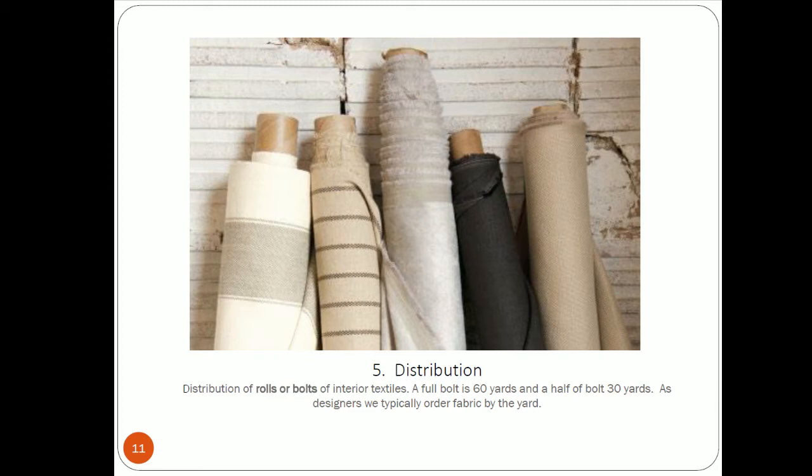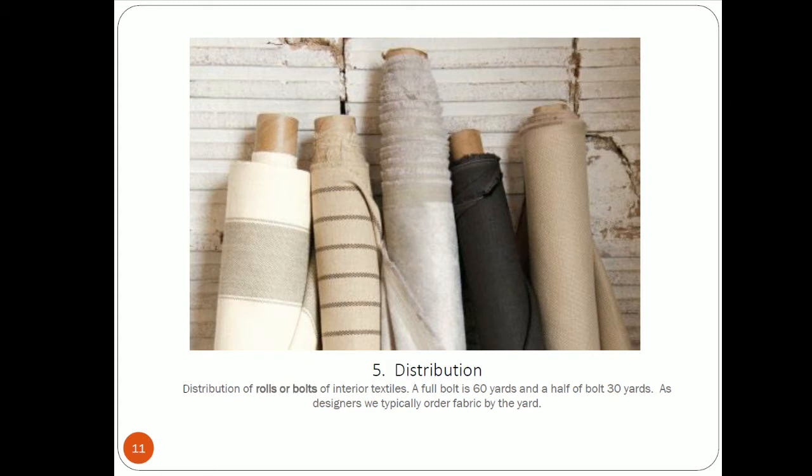So why do that? As a designer, we typically order fabric by the yard. Like, I need 13 yards to create that duvet cover. Done. I'll order 13 yards. I don't need any more, or any less. So why order these bolts or half bolts? I have several colleagues who work in the hospitality industry.